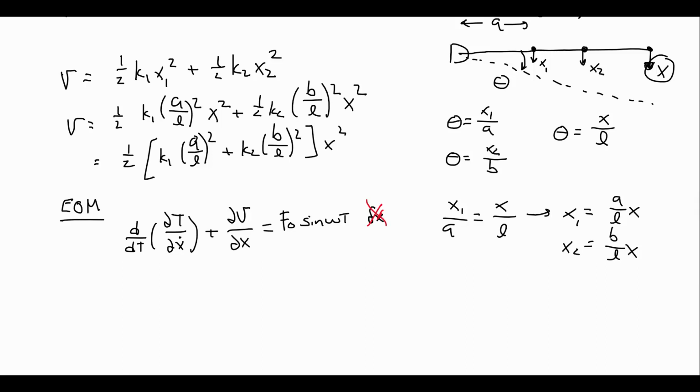Okay, so now we're good. We have our right-hand side, that's the forcing. And now we can do our differentiation, and we are going to get M x double dot plus del V del x, which is k1 a over L quantity squared plus k2 b over L squared, x equals F naught sine omega t.